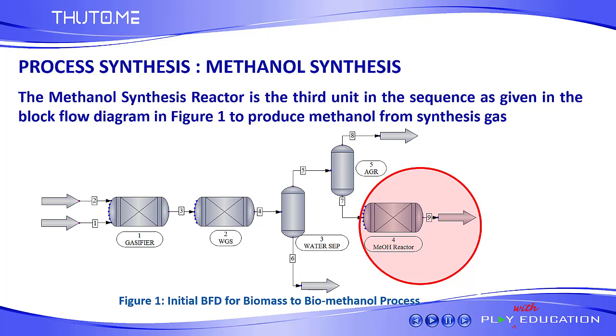So what we are going to continue doing now is look at the methanol synthesis reactor. We have removed the water in the water knockout, and we have removed the carbon dioxide in the AGR. Now we are only left with hydrogen and carbon monoxide, which we are going to use to produce methanol in the methanol synthesis reactor.